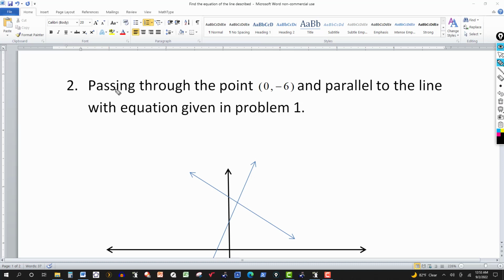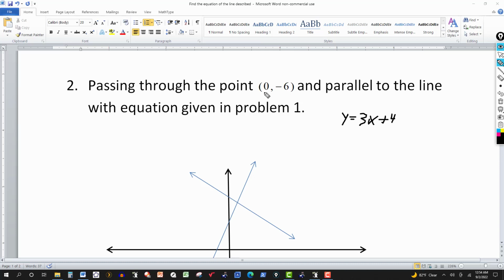Okay, for this one here, we want the equation of a line passing through the point (0, -6) and parallel to the line with the equation given in problem 1. Well, the one that was given in problem 1 was y = 3x + 4.